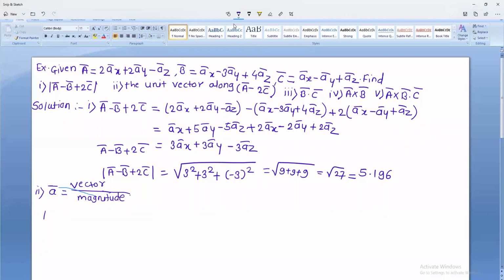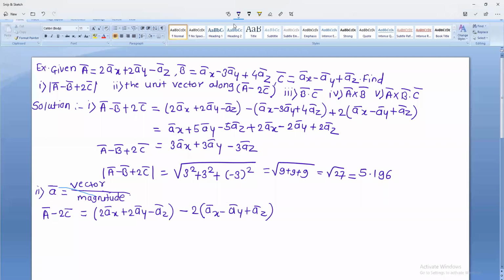So first find that vector. That vector is a bar minus 2c bar. Now a bar vector is 2a bar x plus 2a bar y minus a bar z, then minus 2 into c bar, where c bar is a bar x minus a bar y plus a bar z.